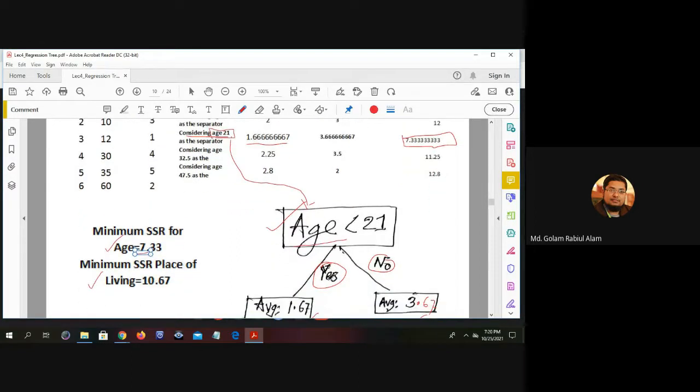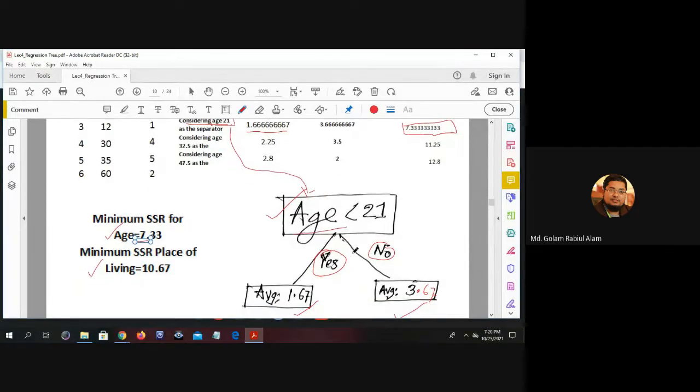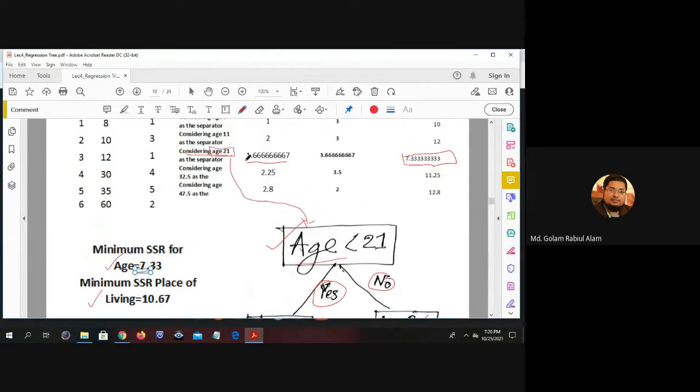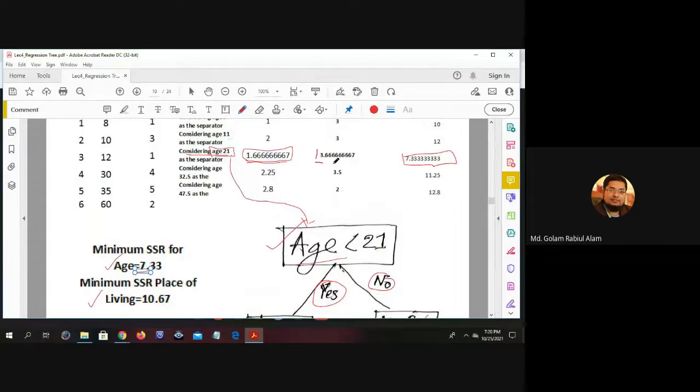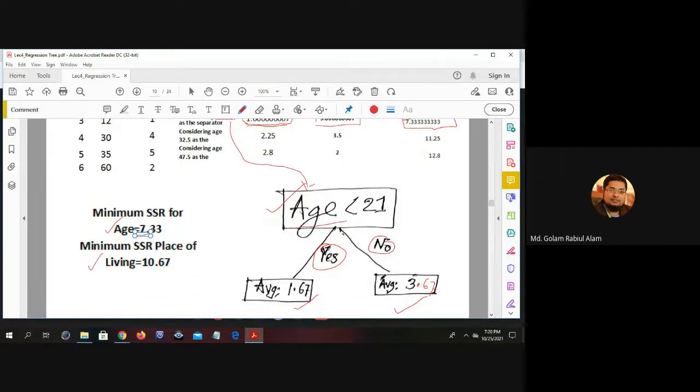If yes, that means true, and if no. Then what will be our prediction? For the left side instance, it is 1.67, and the right side is 3.67. So this will be the initiation, or the starting of our regression. This is the root, A's less than 21. This is the root of our regression.